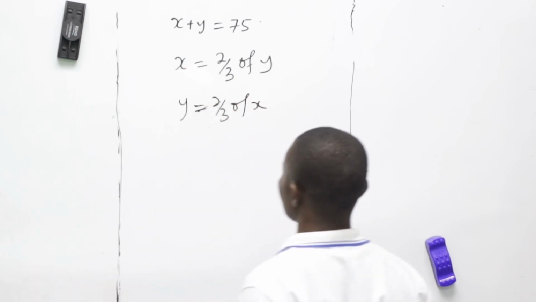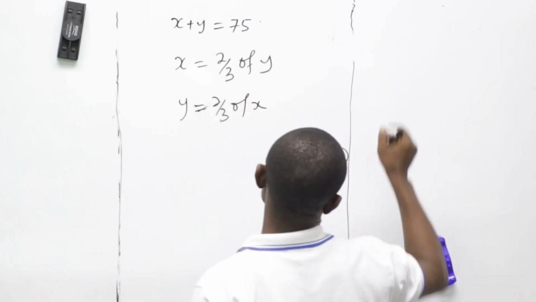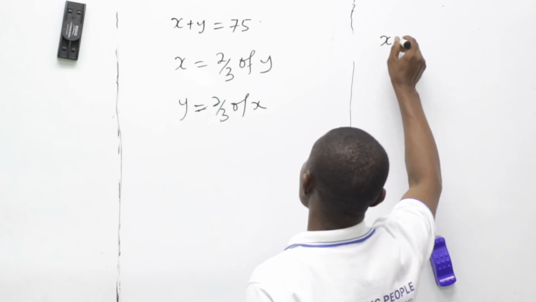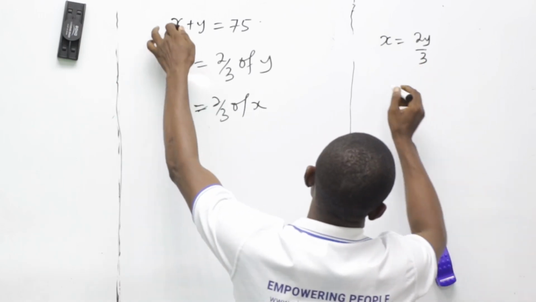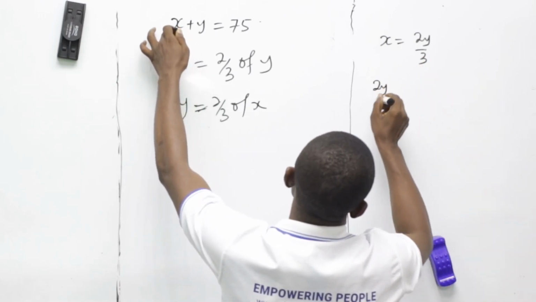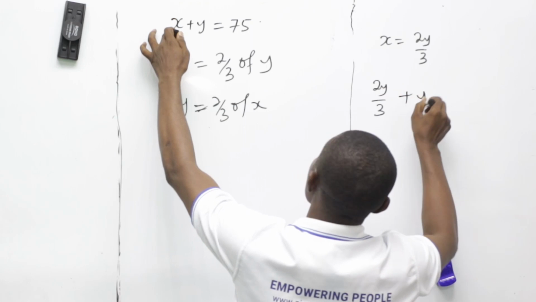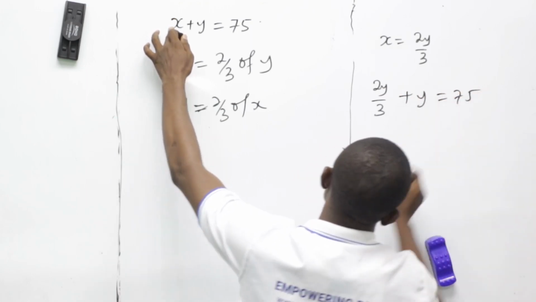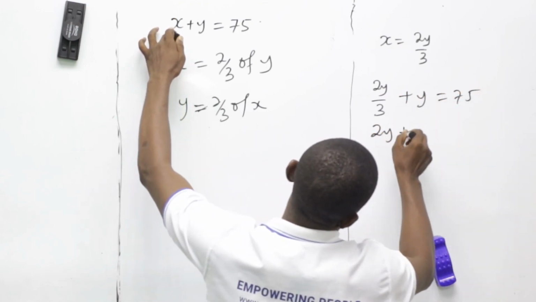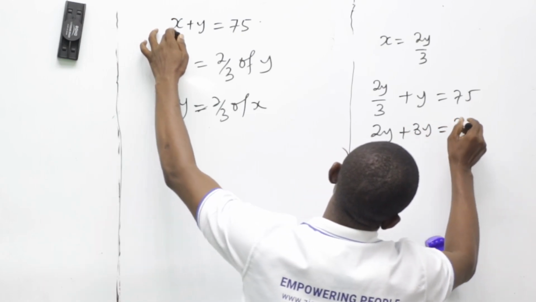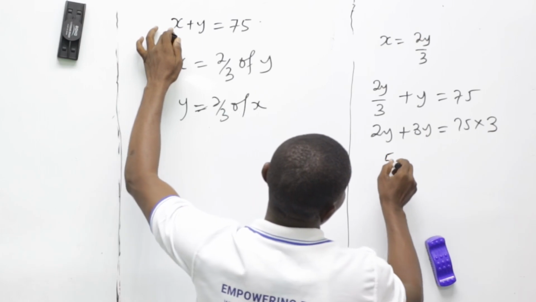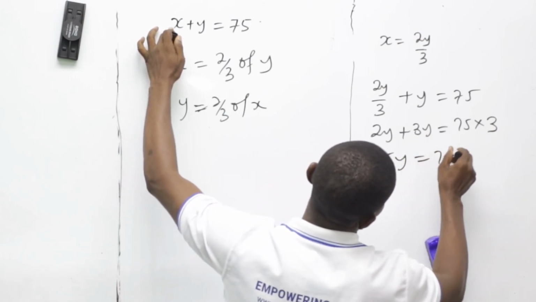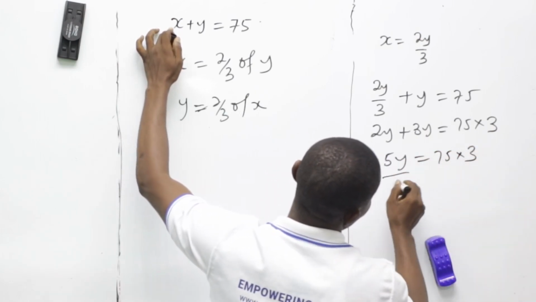Anyone can solve very well, okay? So that x will now be 2y all over 3. From equation 1, we now have 2y all over 3 plus y equals 75. What next? 2y plus 3y equals 75 times 3. So that 5y equals 75 times 3. Divide through by 5.